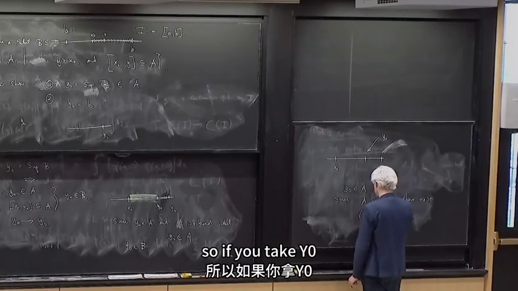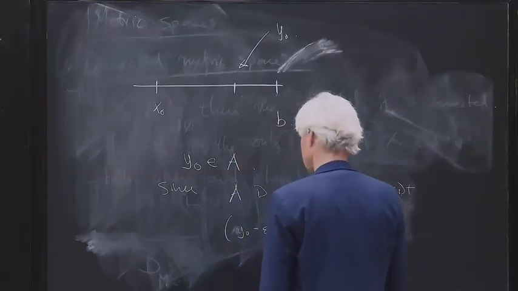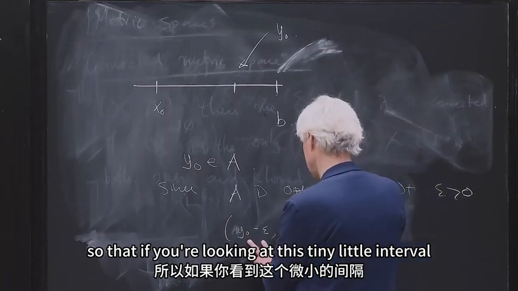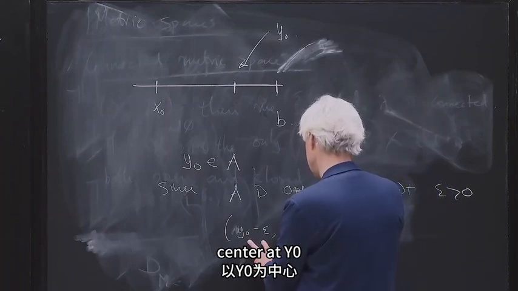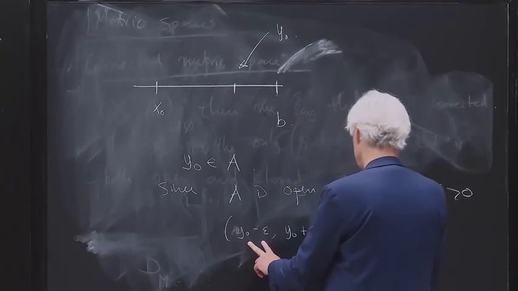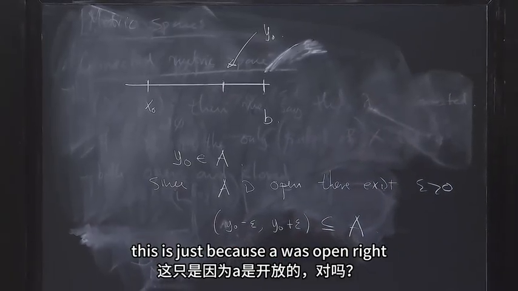So there exists some epsilon greater than 0 so that the tiny little interval centered at y0 is contained in A. This is just because A was open.